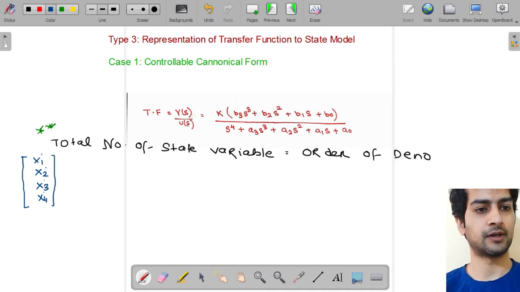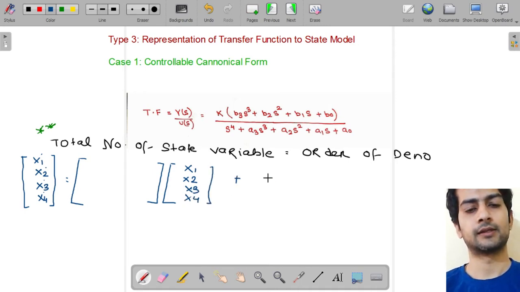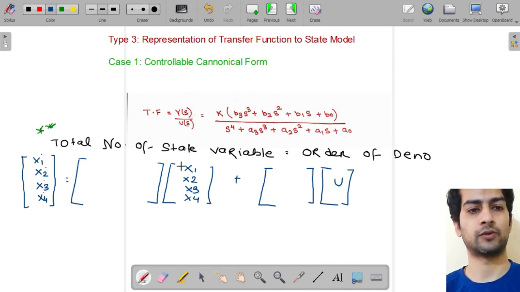Here we will have matrix A. This I will fill later on. Here we have 4 state variables. Then here we will have matrix B. I will fill it later. Here we have input U. You can see output is Y(s), input is U(s).